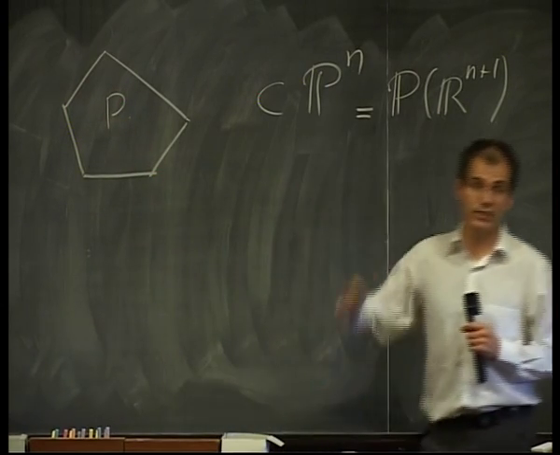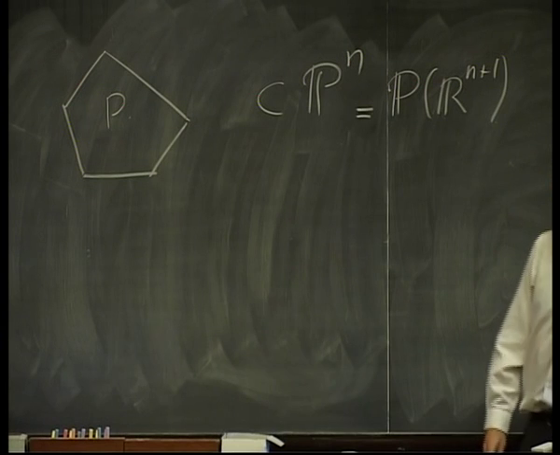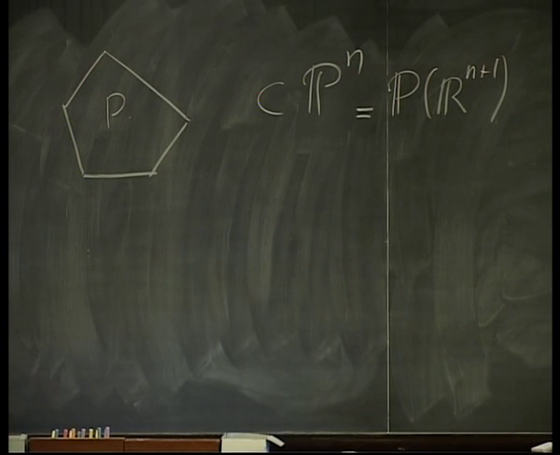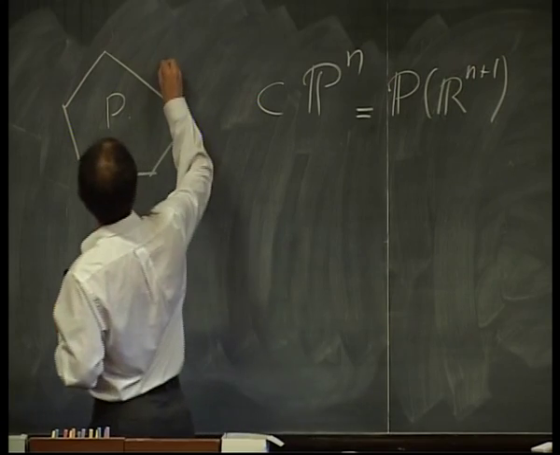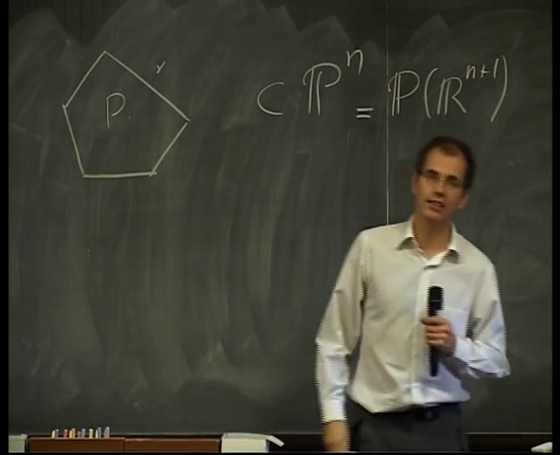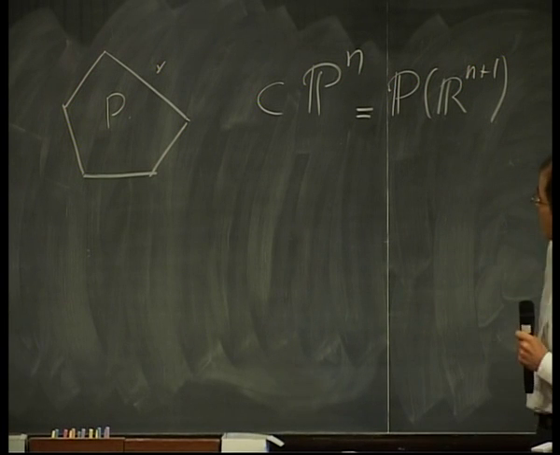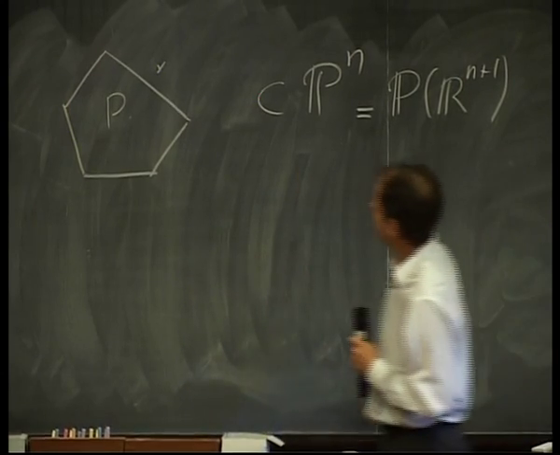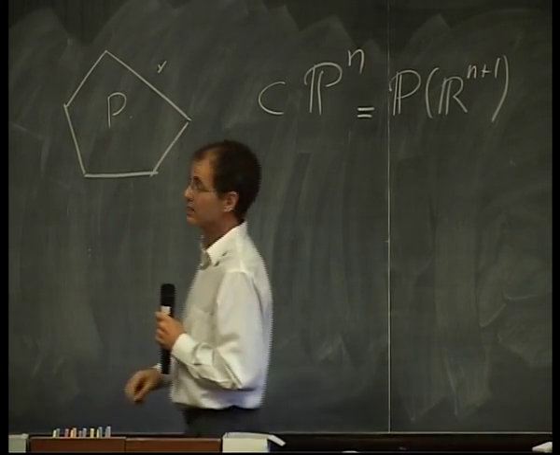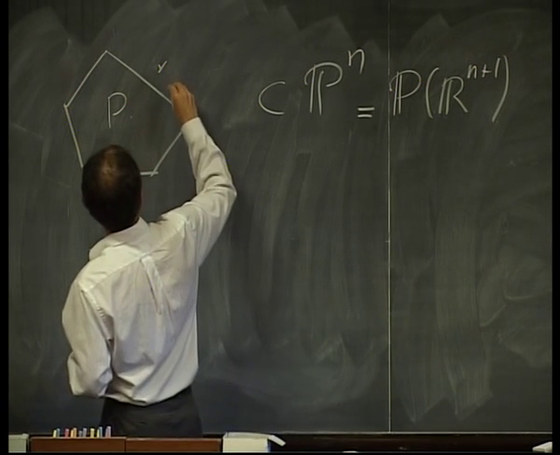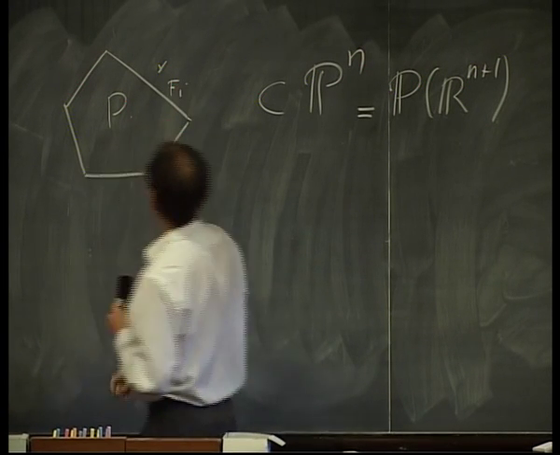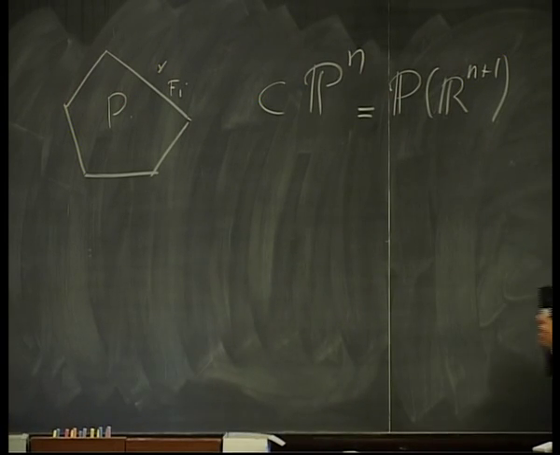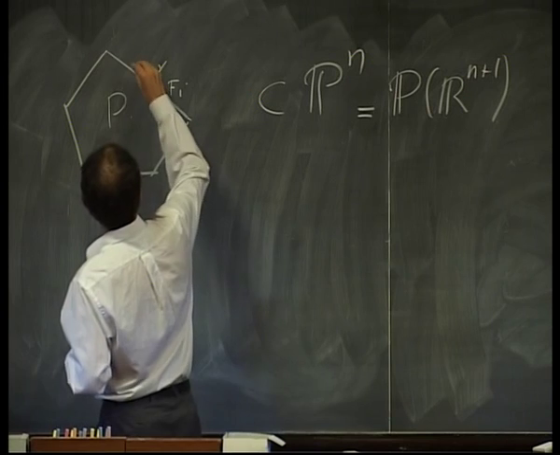So this polyhedron has faces, n minus 1 dimensional faces, and I want to have symmetries with respect to these faces, but not Euclidean symmetries or hyperbolic symmetries, as if it were in Hn, included in Pn. So I want to have projective symmetries with respect to each face Fi.